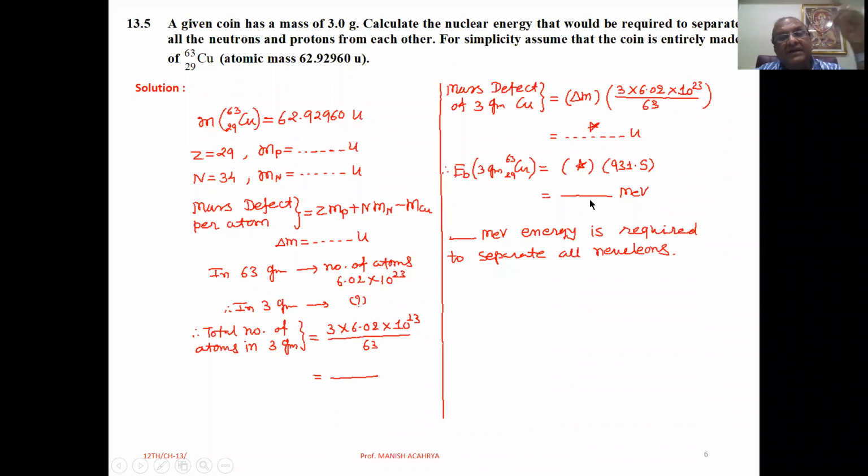You will get the binding energy in terms of MeV. Whatever is the binding energy of that particular substance, that much energy we have to supply to separate all the nucleons. Clear to all of you? So the energy required is equal to the binding energy.